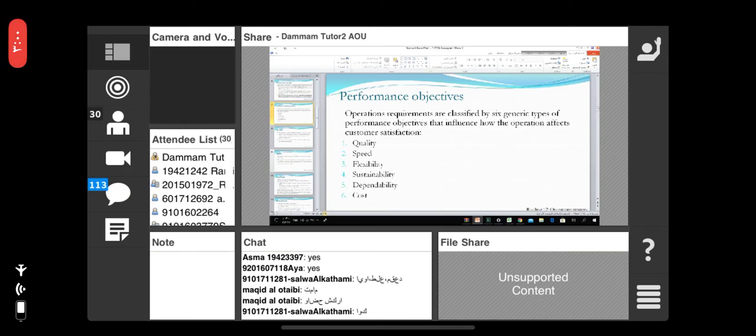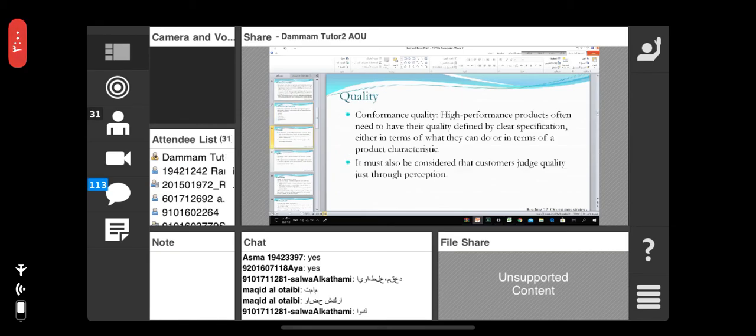You have to look for quality, speed, flexibility, sustainability, dependability, cost. الكواليتي طبعا ايش؟ high performance. It needs conformance quality. Okay, or we call it sometimes high performance products, or often have to have quality.